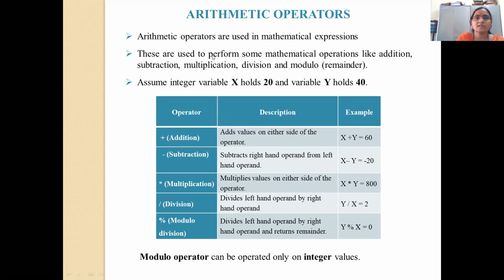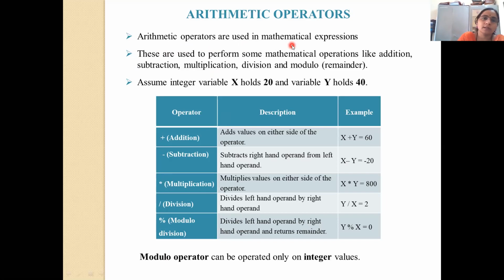The first category is arithmetic operators. All of you are aware of the concept of arithmetic. The arithmetic consists of addition, subtraction, multiplication, division, means all the basic operations belong to the word arithmetic. So the arithmetic operators are used in mathematical expressions.